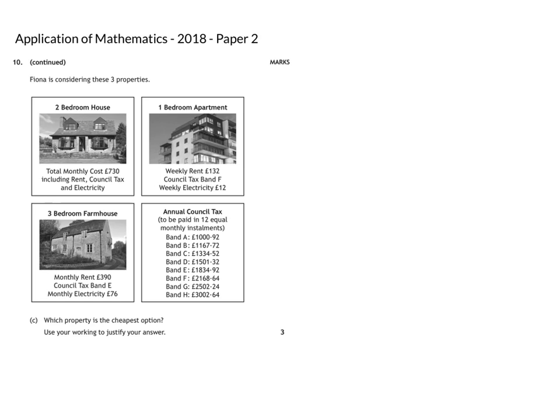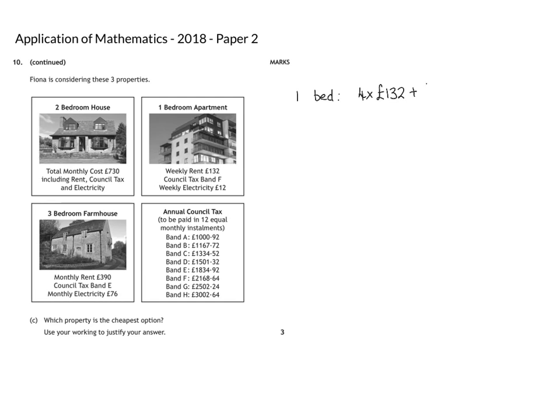So the 1-bedroom is where we're going to have to start working things out. So total cost for that is going to be, because it's weekly rent, 4 weeks in a month. So we do 4 lots of that £132, plus we're going to have to divide our council tax by 12 because that is in 12 monthly installments.